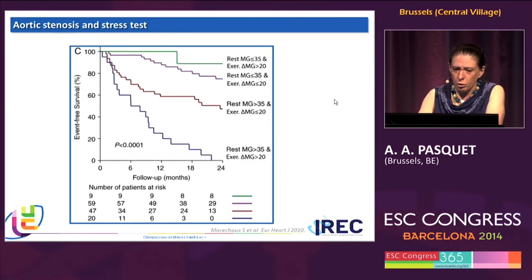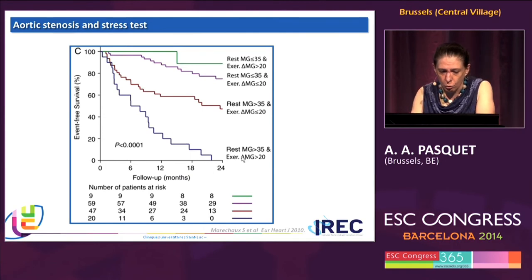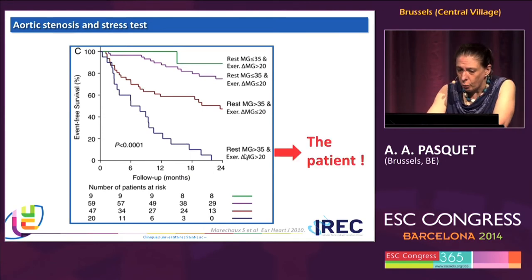So if we put both together, you will see that if you are in the category of rest mean gradient above 35 and a change with exercise in the mean gradient above 20, you really have a poor prognosis, just at 2 months. And this is the case of the patient that I just presented to you.